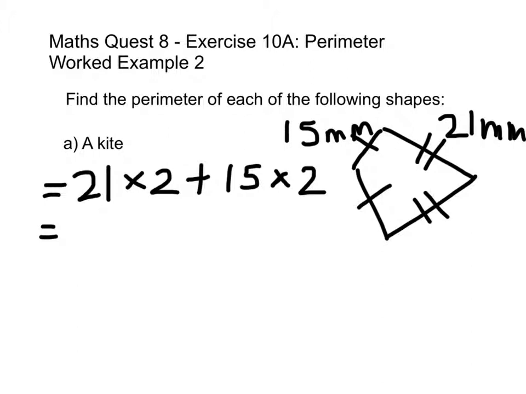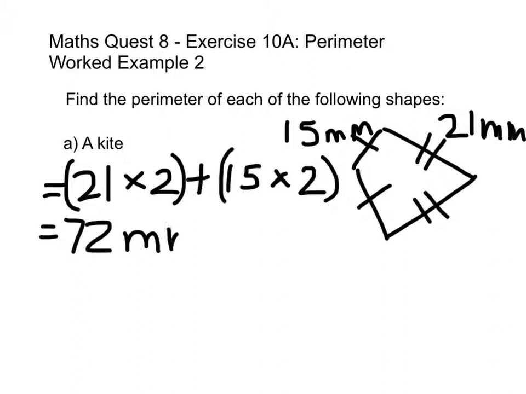So remember, when we work out this formula, we have to apply our BIDMAS. We have to do our multiplication first. And the answer we'll get is 72 millimeters. So that means the perimeter of this kite is 72 millimeters.